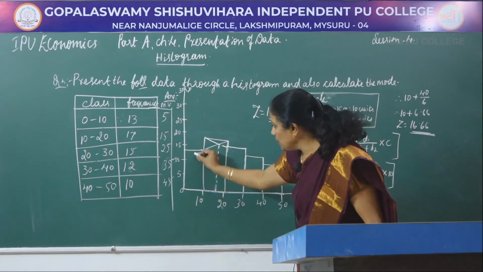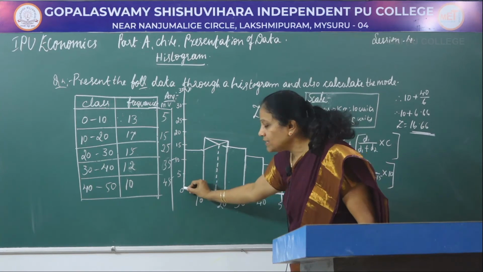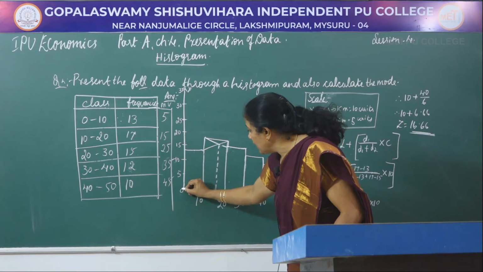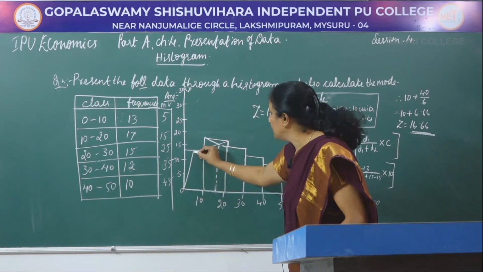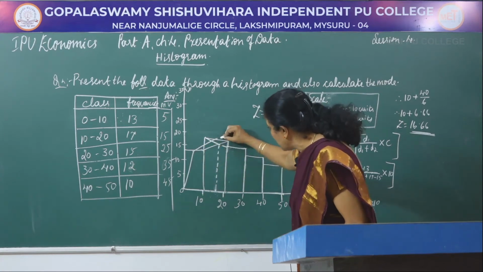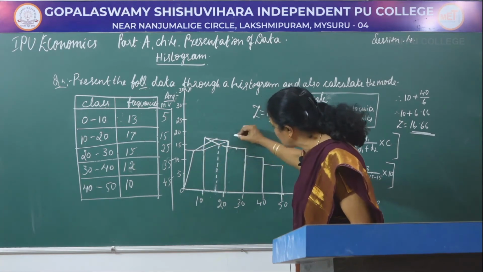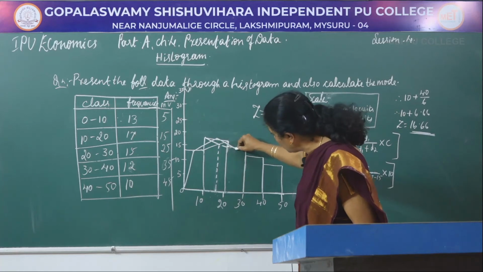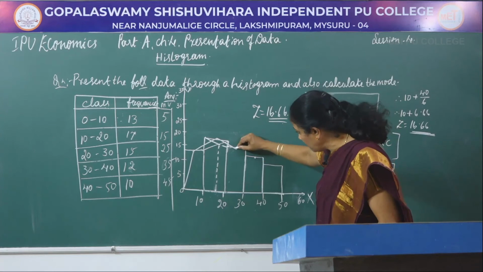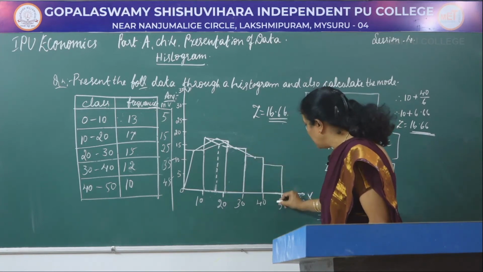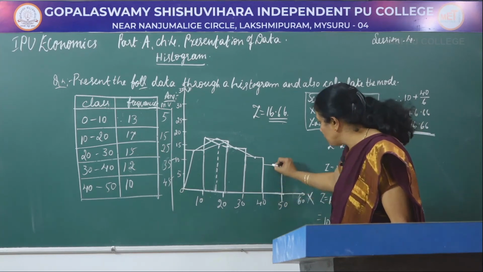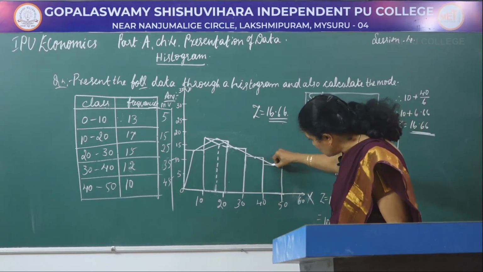So you know the mid value between 0 to 10, and we started from the origin. So the mid value is here, and we just put a line here, and the mid value of this is here. We go through this, and the mid value between 10 to 20 is here, and we draw a line here. The mid value between 30 to 40 is 35. So we came here and we drew a line here, and the mid value between 40 to 50 is 45, and it is drawn here.